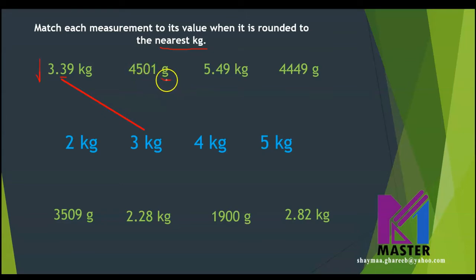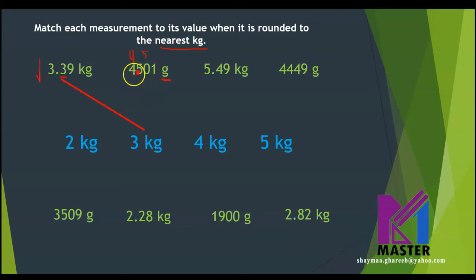4,501 grams? So here it's a different unit. If I have a different unit, I need to change it into the unit I'm rounding in the question. If I want to change from grams to kilograms, I will divide by 1,000, or I can just put a decimal point after 3 places.